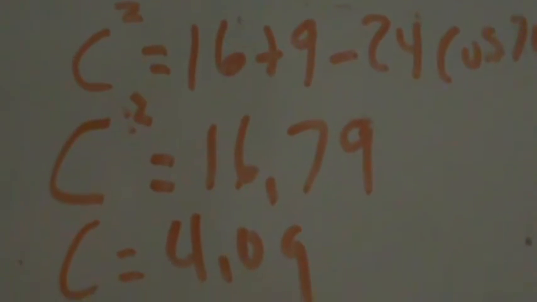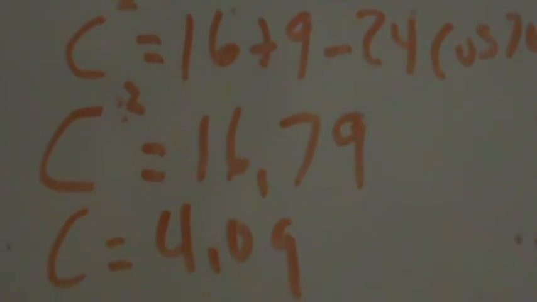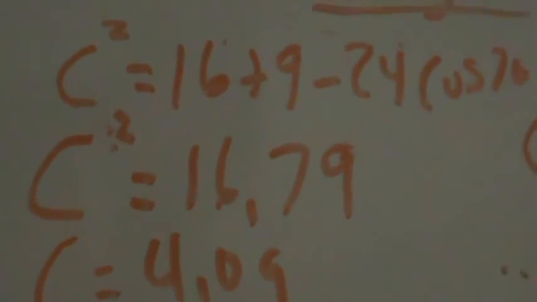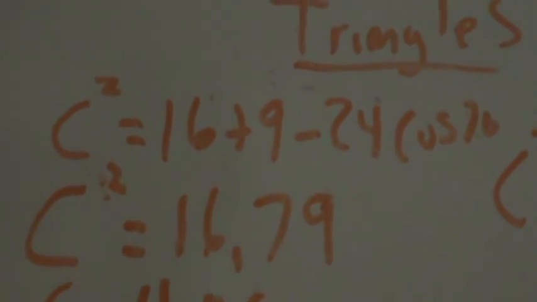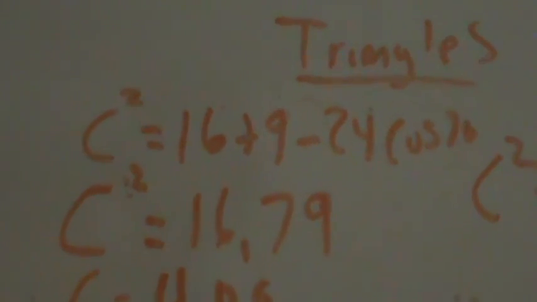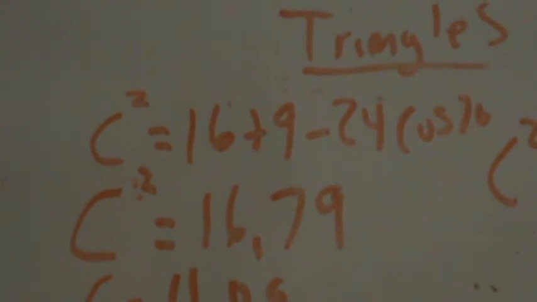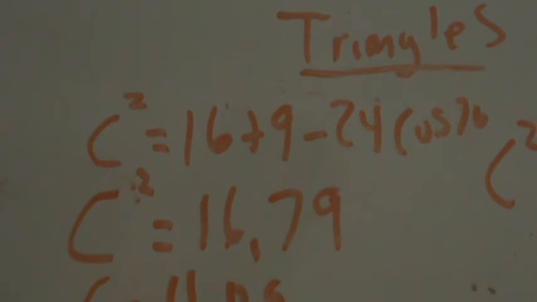And this shows the idea was that the hypotenuse, your C, always has to be your biggest side. And one of our legs is 4, but our C is 4.09, which isn't too much bigger than one of our legs, but it is bigger. So our concept of the hypotenuse being the biggest side holds true.